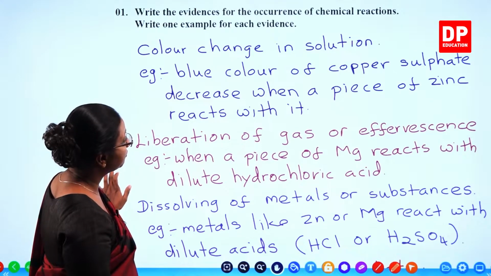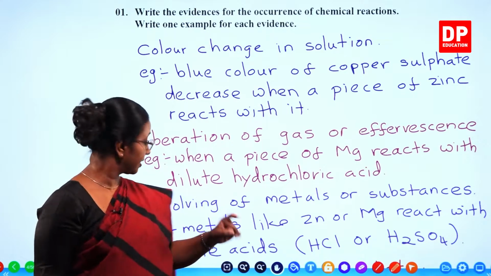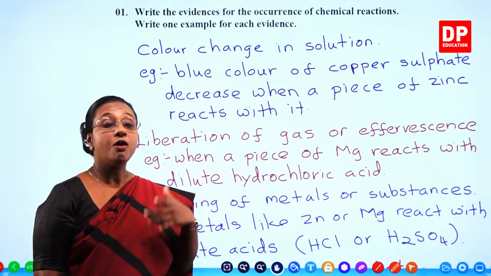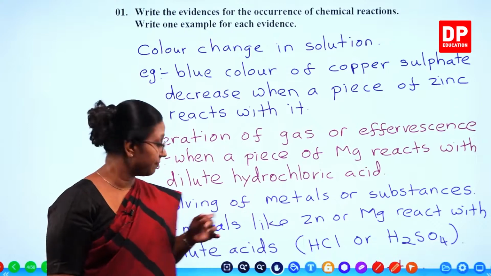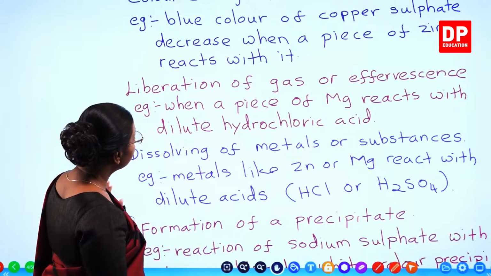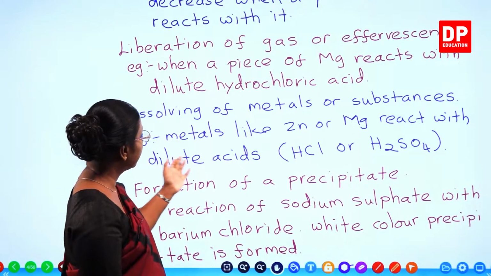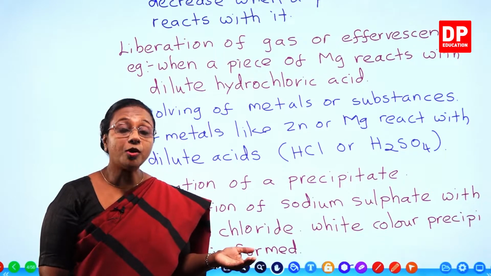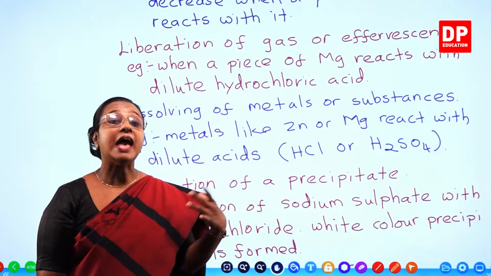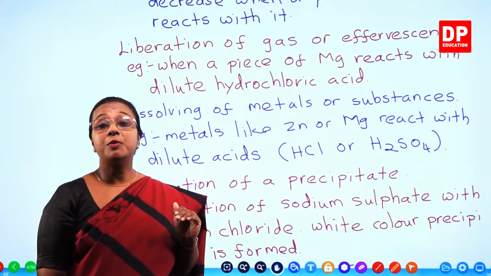Then liberation of gas or effervescence, that is when a piece of magnesium reacts with dilute HCl or any other metal that reacts with dilute HCl or dilute sulfuric acid. Then dissolving of metals or substances. Metals like zinc or magnesium, when they react with the acid, you see the dissolving of substances. Even with copper sulfate, zinc dissolves and color of copper sulfate decreases, as well as copper deposits at the bottom.